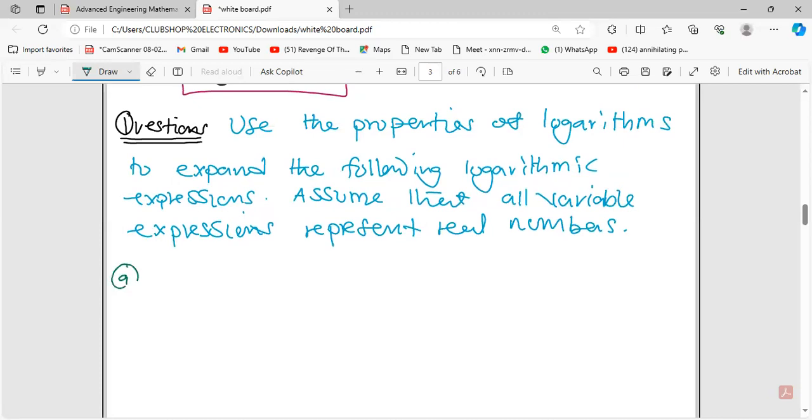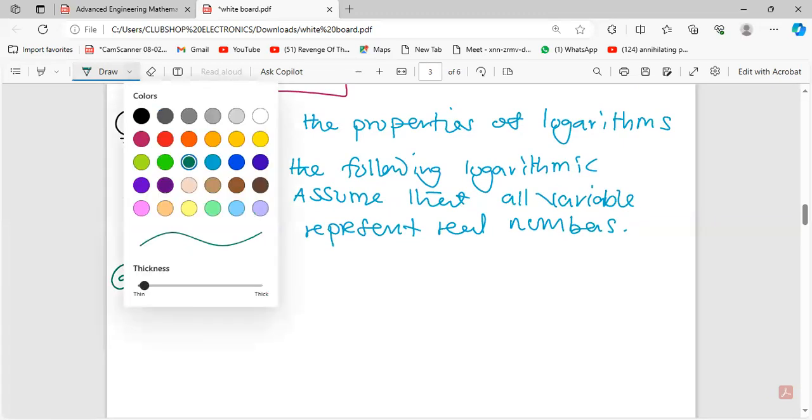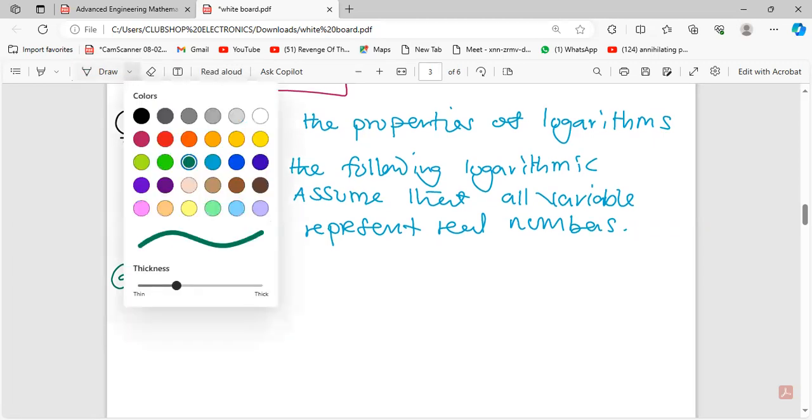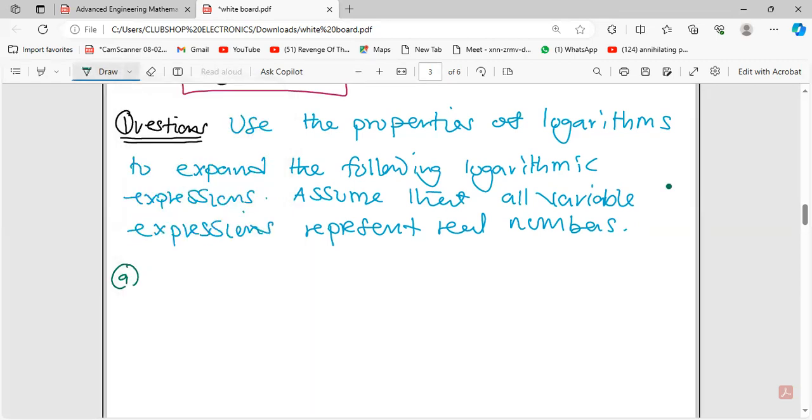A, what do we have for A? Log base 5 of x y squared.